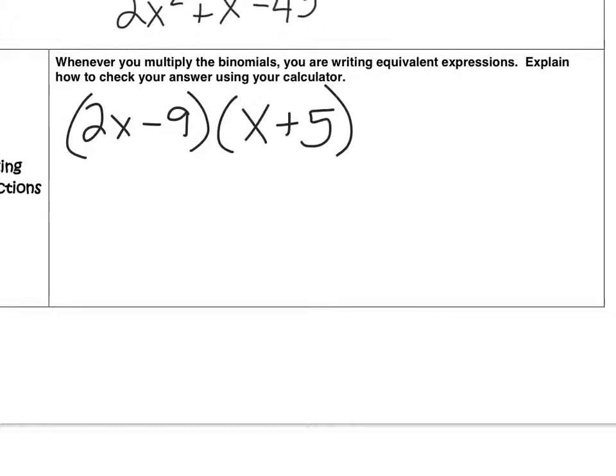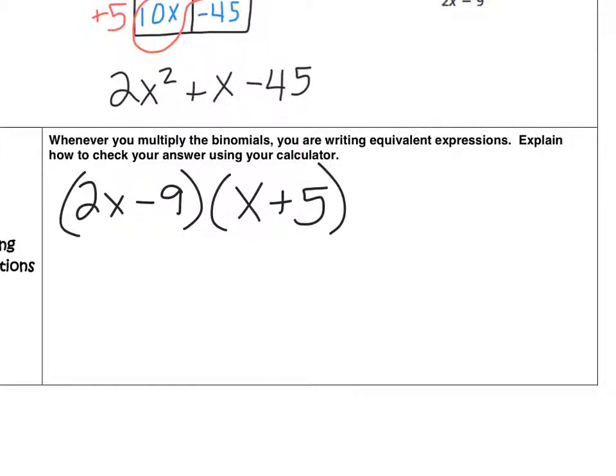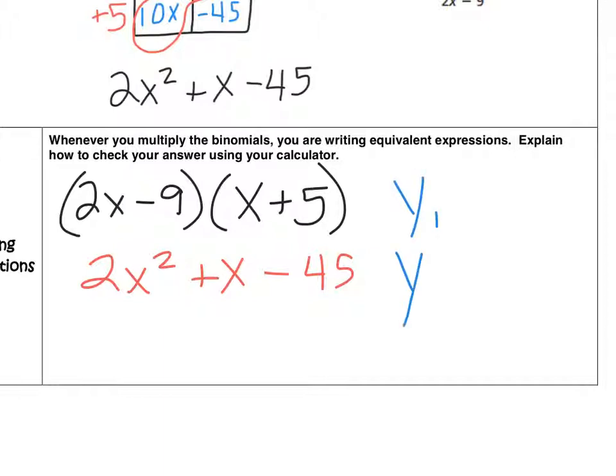And then the answer that we got, let's go back and make sure I get it right. The answer that we got was 2x squared plus x minus 45.